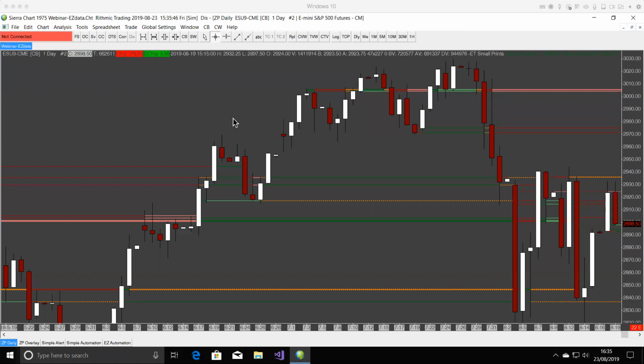But then by applying multi-cycle analysis to zero prints, I could see actually it was a zero print that we traded through 2 or 3 times in the past, and we had stopped to the tick at that level. So have a play on a daily chart and see what you make of this. It gives you some very interesting intraday stuff as you start to explore it.